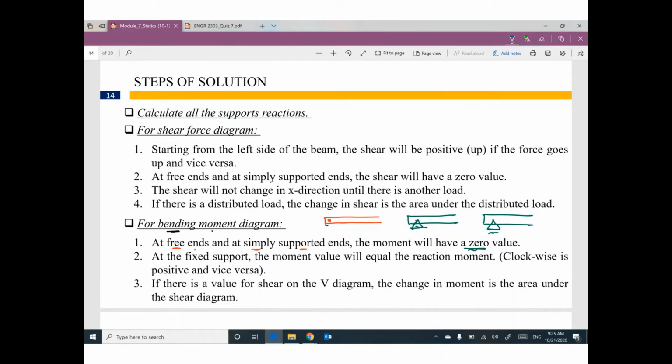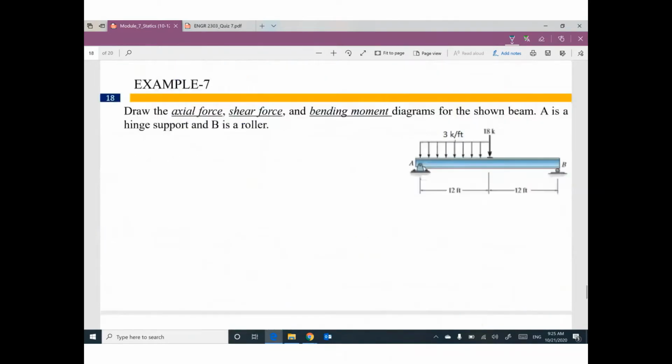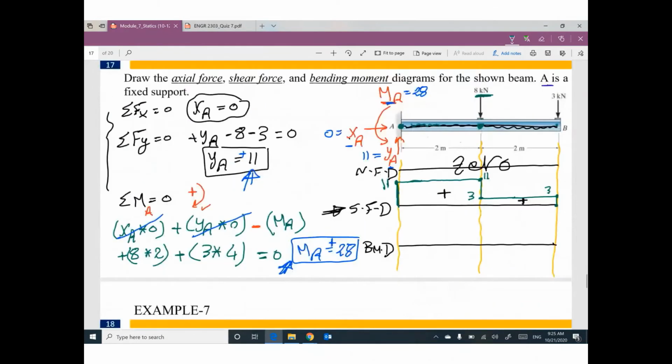We have another case. If you have a fixed support at this end, we are talking about the left end, and we are in this case right now because this end is fixed.